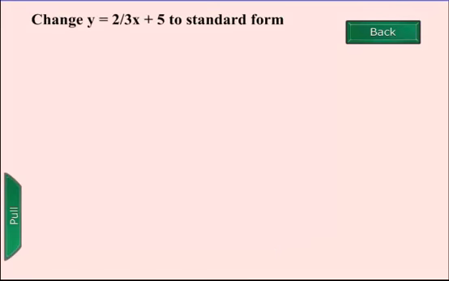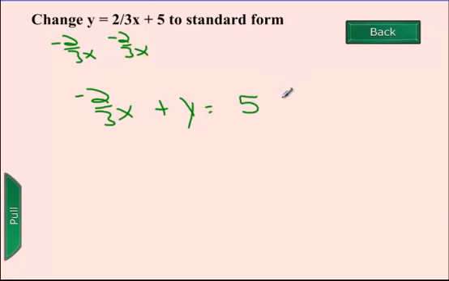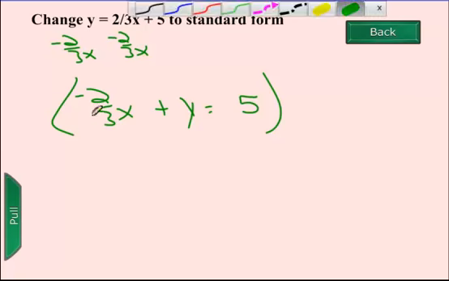Alright, so we're given most of these in slope-intercept form because usually that's one method that we want you to change it from. So again, subtract the 2/3 x, subtract 2/3 x, so -2/3 x plus y equals 5, and again, we have a fraction in here, and my focus is going to be solely on the denominator.